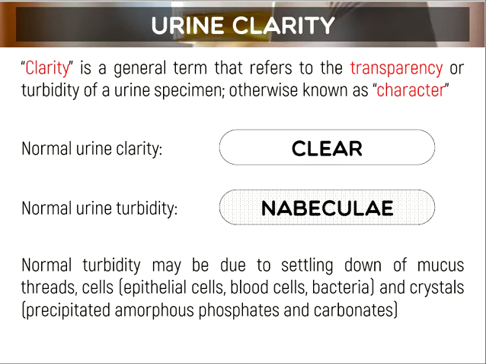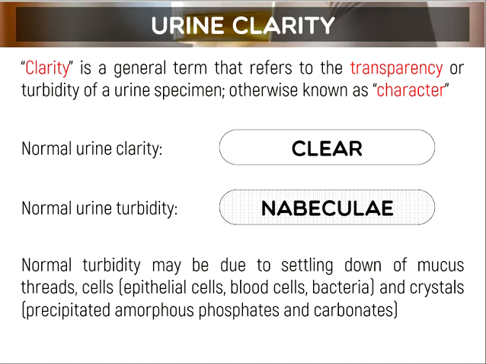Cloudiness or slight turbidity of urine upon long standing at room temperature is considered normal. This is due to the settling of mucus threads, crystals, leukocytes, epithelial cells, or bacteria. This normal cloudiness is called nubecula. Don't forget, nubecula.